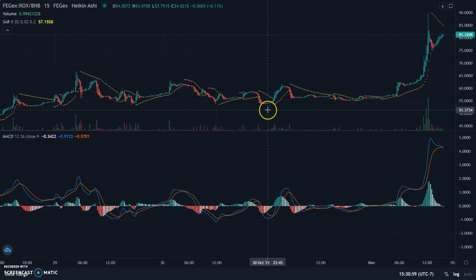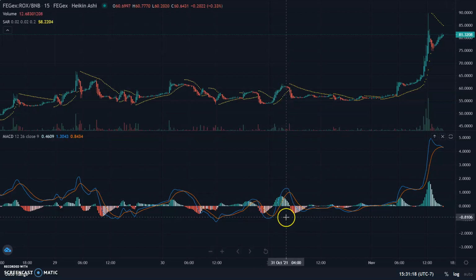So it waited. It was testing it all right here. It was too choppy, these first candles. The crosses didn't flip over. And then when we flipped over right here, notice how down here at the bottom we get the blue crossing the orange. We have the green starting dark green. Also now getting bigger, bigger, bigger, dark green, till we get light greens, and we start losing that pressure, and then we know that we lost it completely when we have dark red.